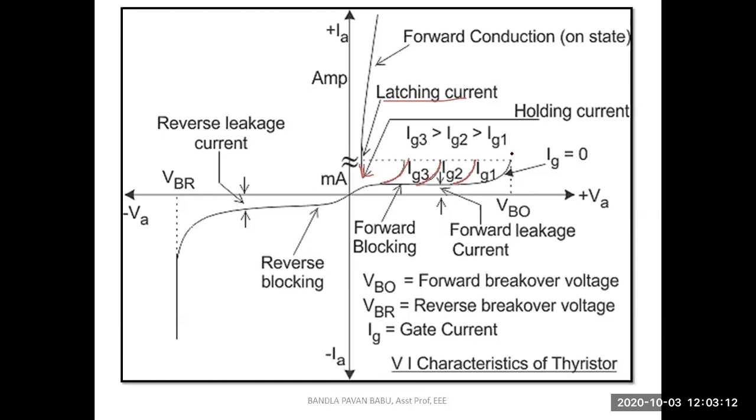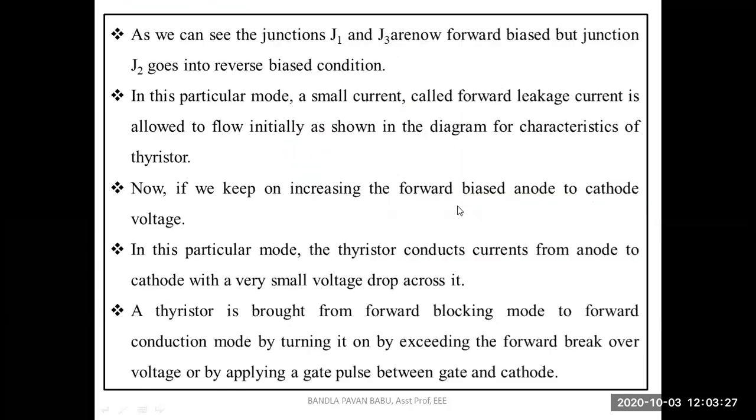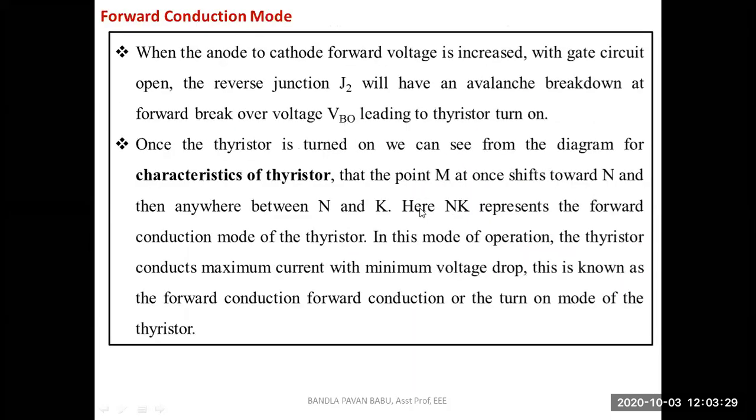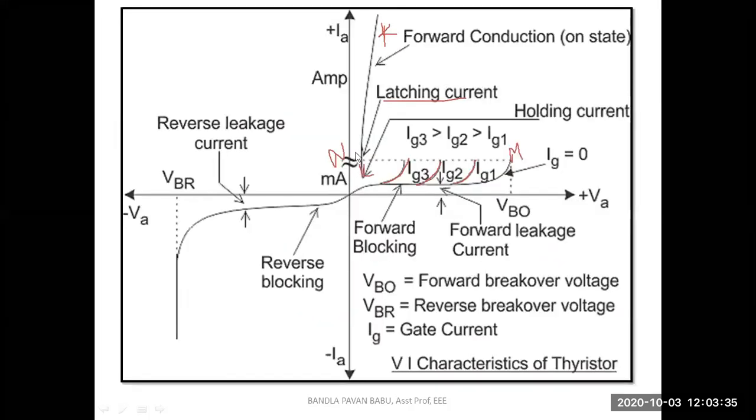This point is M, this point is N, and this point is K. And NK represents the forward conduction mode of the thyristor.